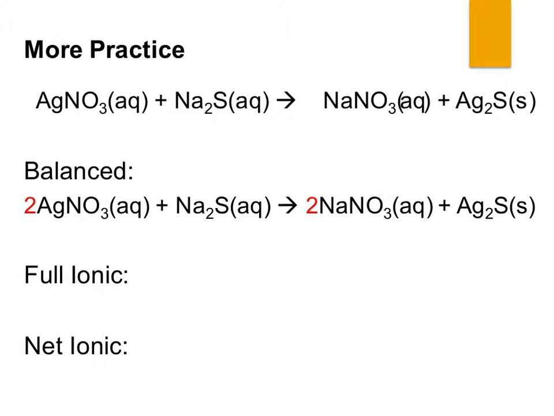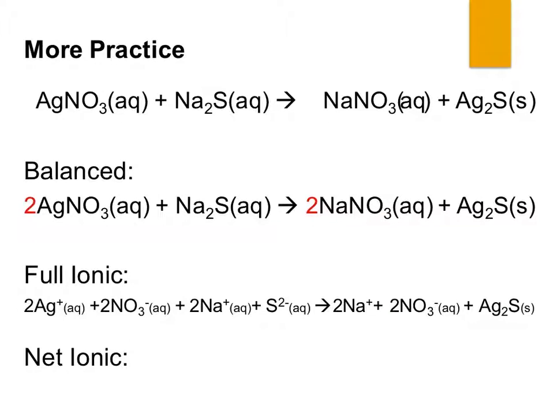So next thing I have to do is I have to separate my balanced equation here into an ionic equation. So I'm going to do that now. Okay, so there's my full ionic equation, and you can see here I have 2 silver ions. Remember, when you do this, since you have 2 AgNO3s, you actually have 2 silvers and 2 nitrates, right?